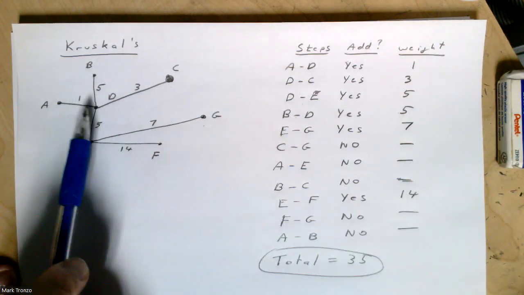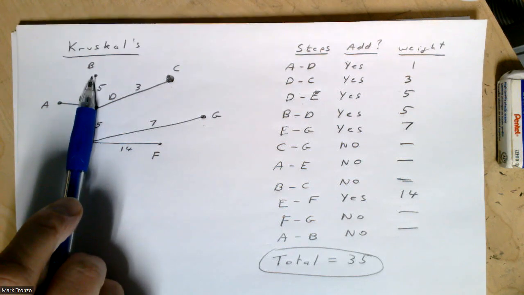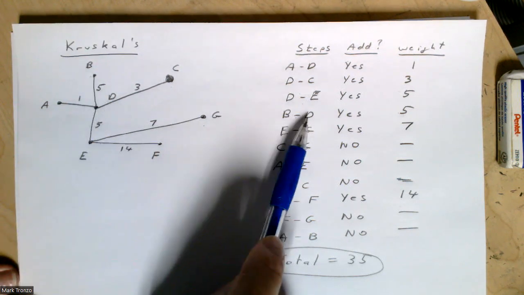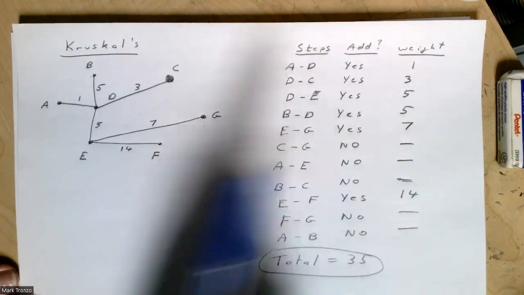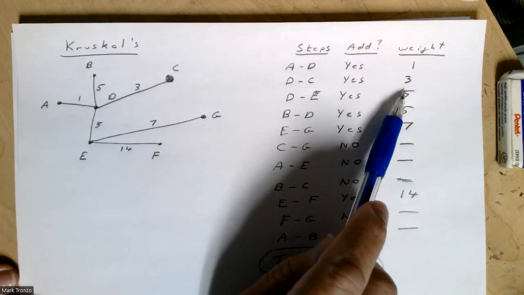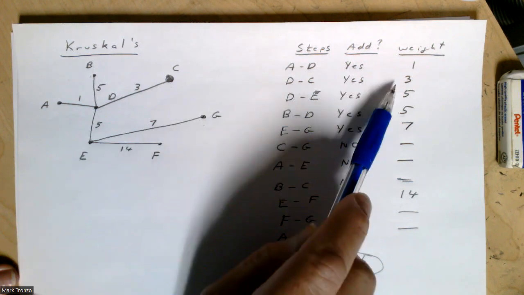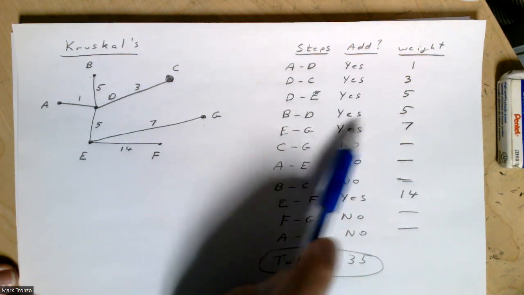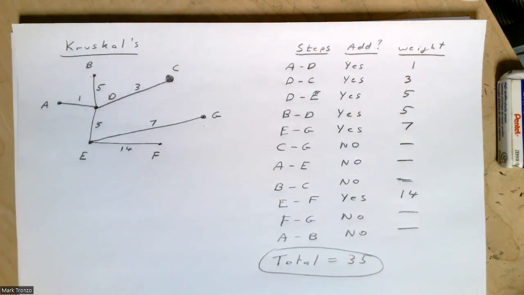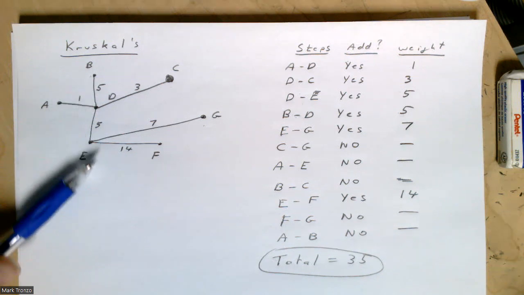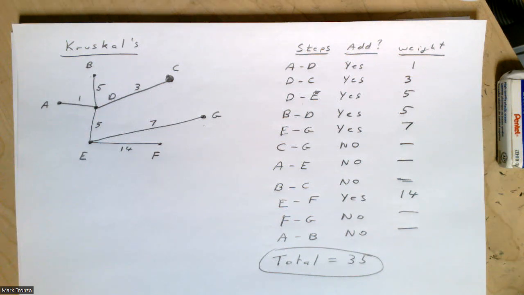For example, if we had picked DB first, then we still could have added DE. So again, if you have duplicates and all the duplicates end up being a yes, then it doesn't matter what order you pick them in. So you only have this one minimum spanning tree. So this is the minimum spanning tree.